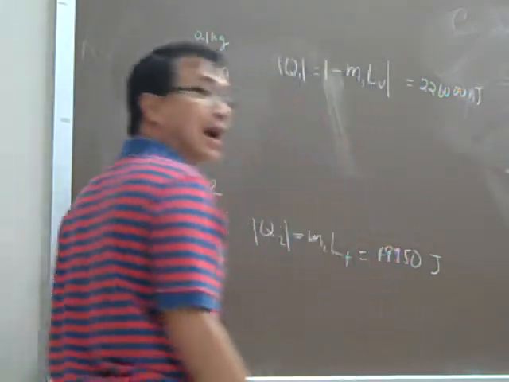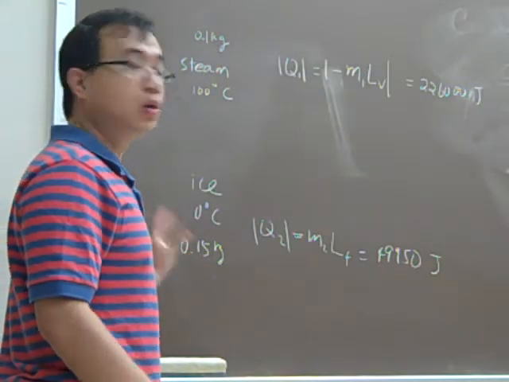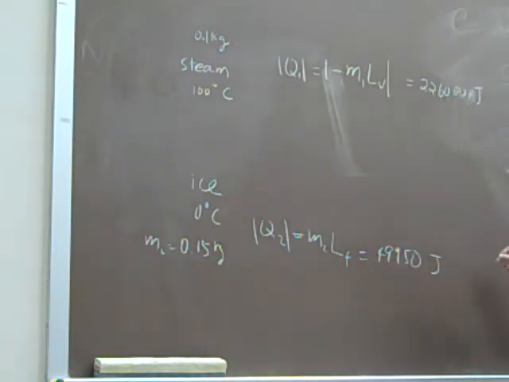That means all the ice will be melted. So after this, you will get some 0 degree water, some 100 degree water here, and then they'll mix with each other. Somehow the remaining heat will take them to some temperature in between.